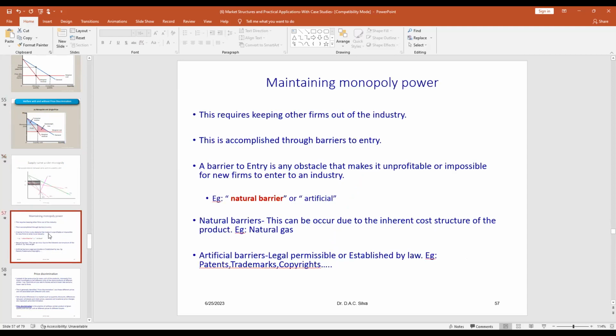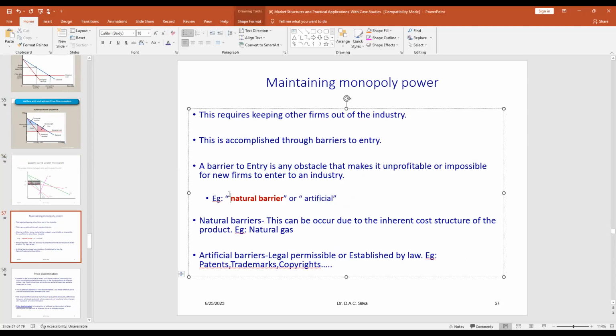Now, I would like to tell you something. What are the reasons to create a monopoly? Or if you are asked in your final examination, a monopolist can be a natural monopolist if there is a natural barrier. Natural barrier is economies of scale.